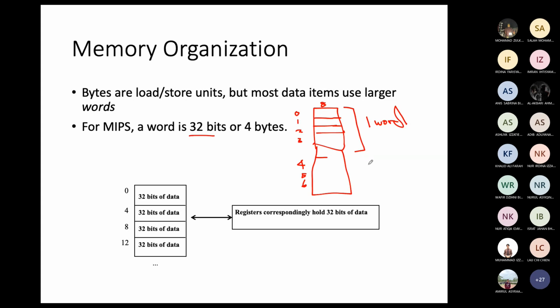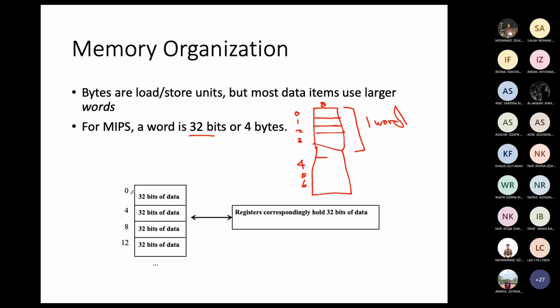The organization of the memory can be anything, but you just need to remember that the organization in MIPS is that a word is 32 bits and the data is stored in 4 bytes. So when we load word or store word, they must be loaded or stored in 4 bytes.